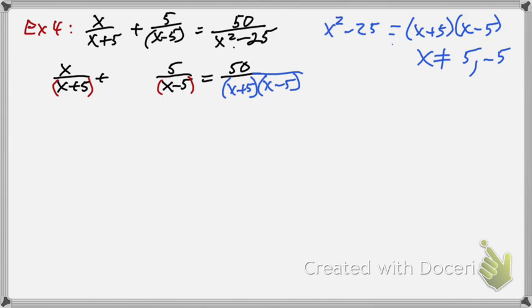Now my common denominator, notice, is going to be x plus 5 times x minus 5. So I take each denominator and multiply times what it's going to take to make it like the common denominator.